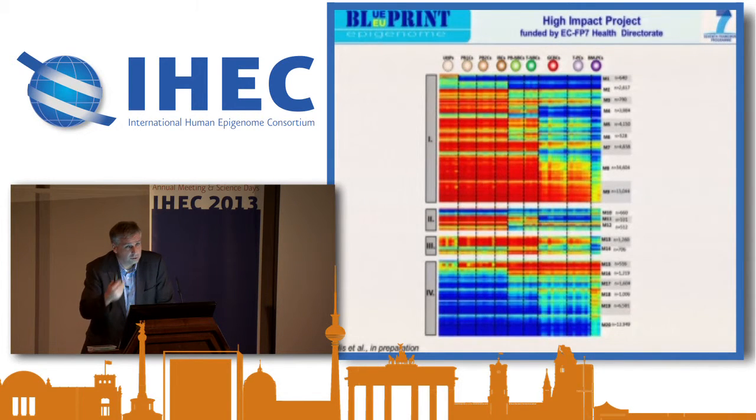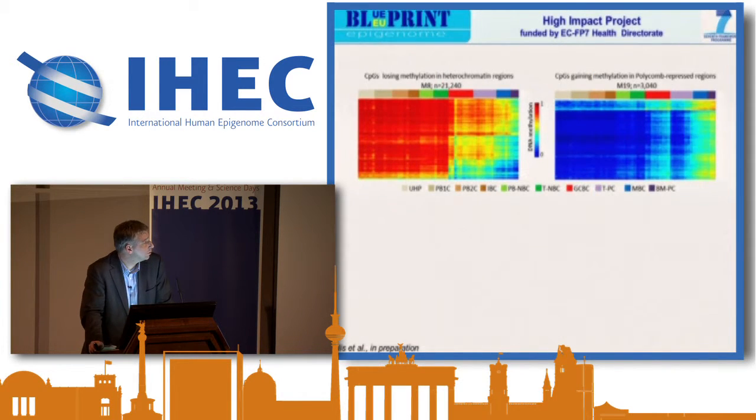Now, if you use the 450K data and try to classify those cells, again from the immature to the mature forms, you can see that you can classify the CpGs into modules, and that we have modules which lose methylation, and we have a few modules which gain methylation during the differentiation stage.